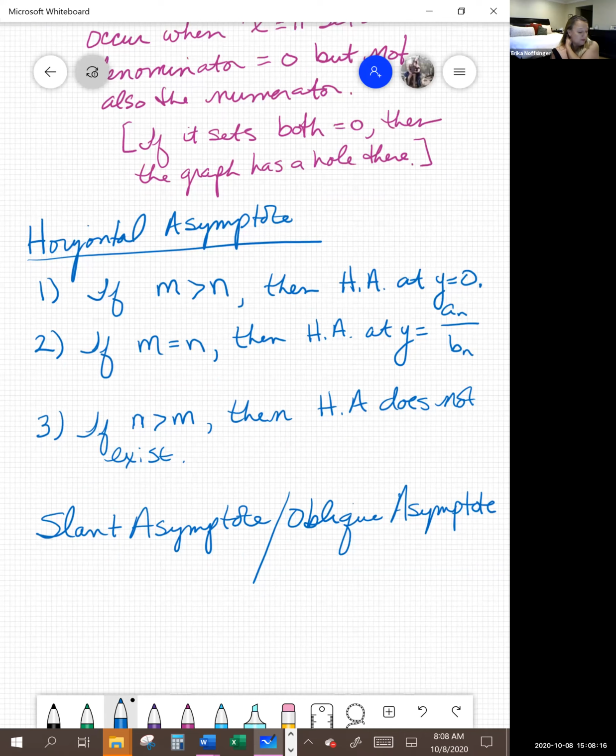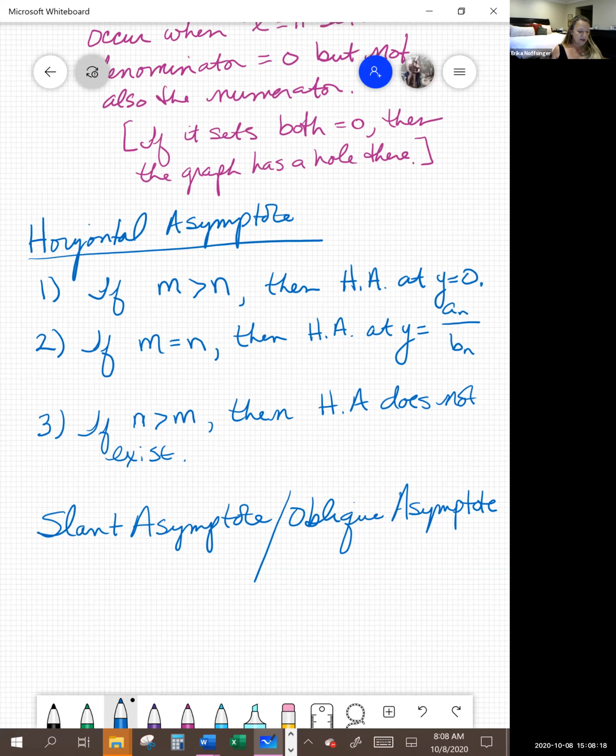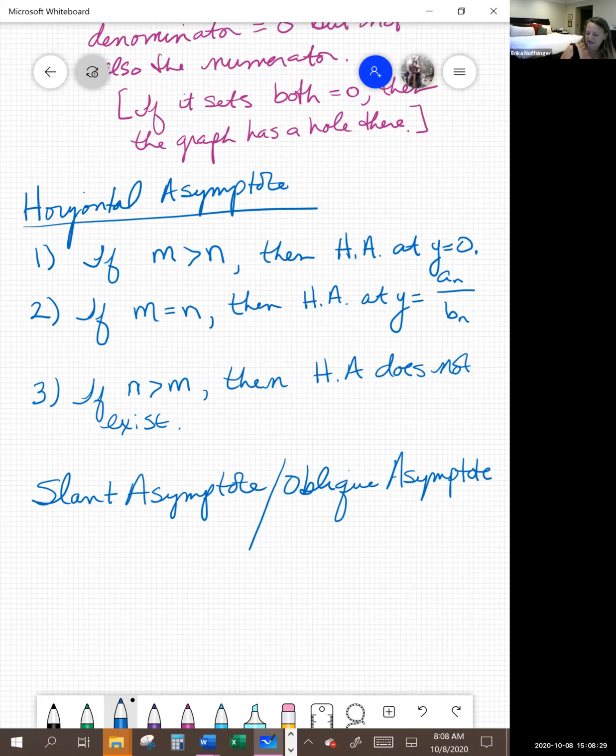So I was misguided, or maybe misled you last time, saying that slant asymptotes occur when the degree is larger in the numerator. But I was saying you could have a line, or you could have other different functions like a parabola, a cubic.